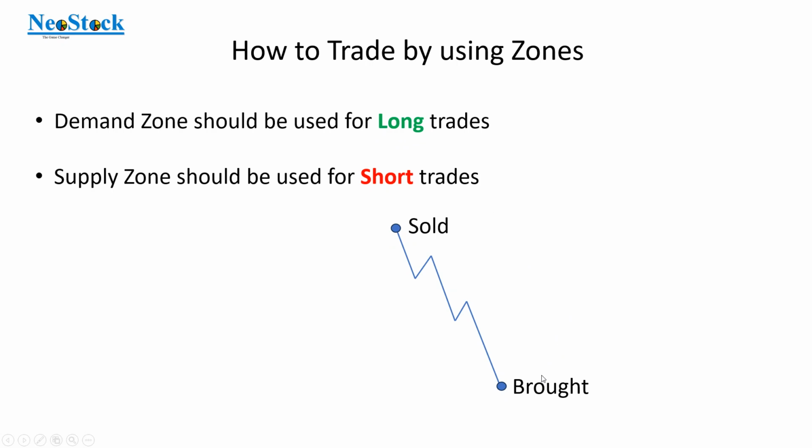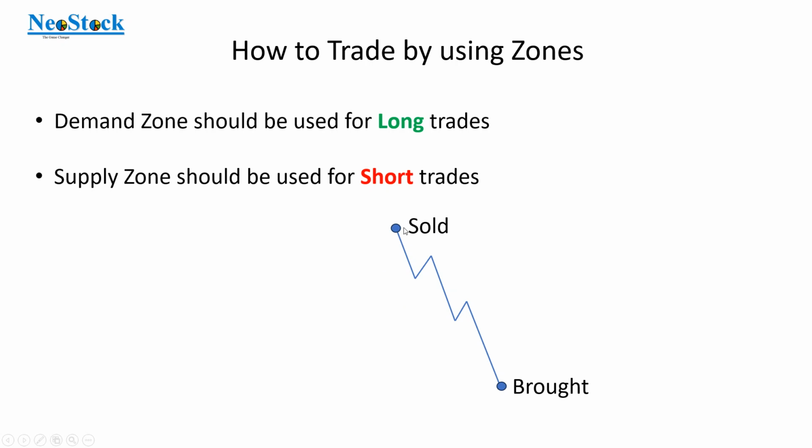In a long trade, the first step is the buy, and after getting profit, you sell. But in a short trade, it is reverse. First you sell, and after the price goes down and reaches your target, you buy the stock. That way, your trade will be completed.